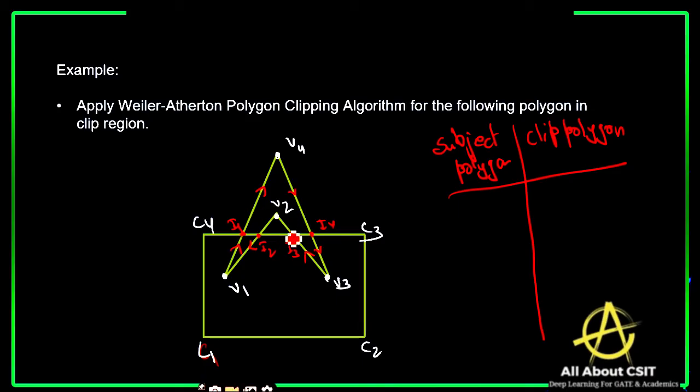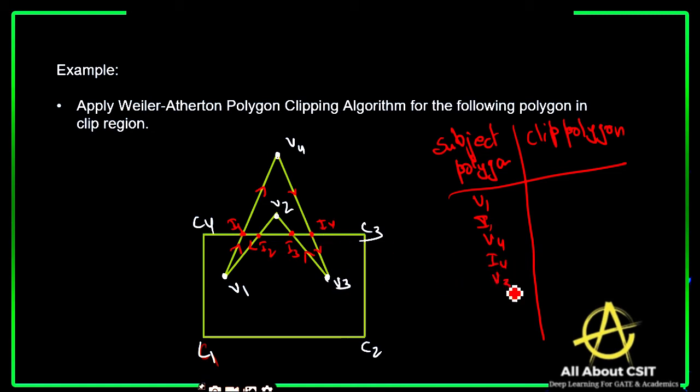Now start from V1. Only vertices with intersection points need to be written. V1, next is intersection point I1. Next is V4, then intersection point I4.